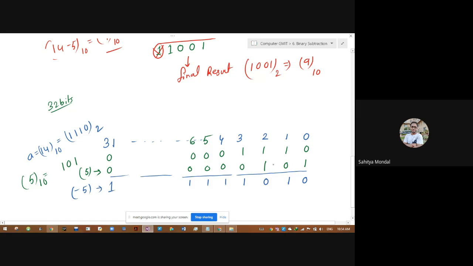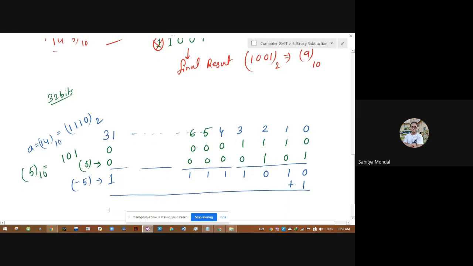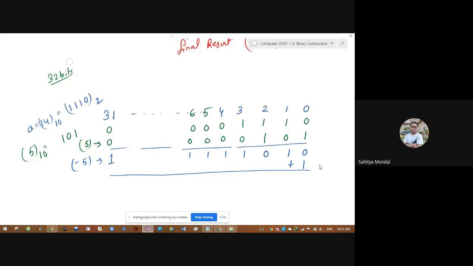After that, add an extra 1 to get the 2's complement. So finally we will get 1, 1, 0, and all is 1. This is equivalent to minus 5.